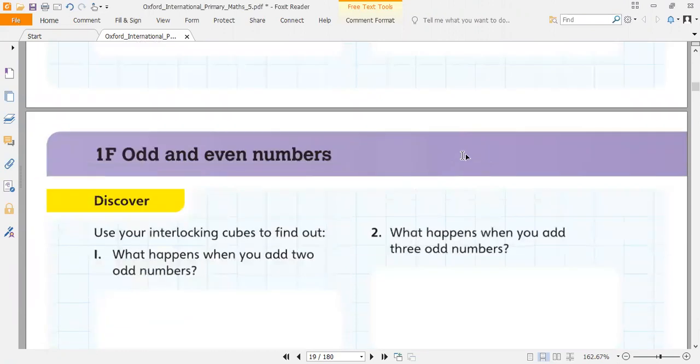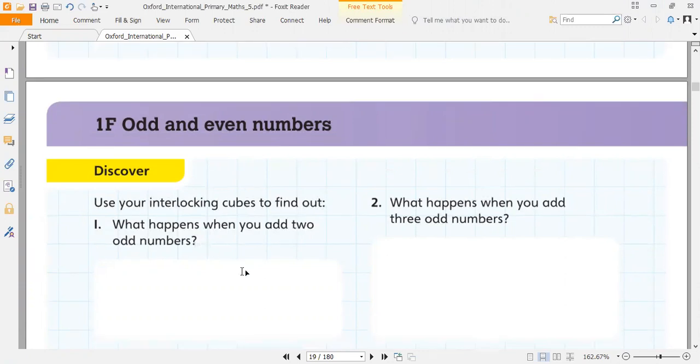Next exercise is odd and even numbers. Use your interlocking cubes to find out what happens when you add two odd numbers. What are odd numbers? The odd numbers are the numbers whose last digit is 1, 3, 5, 7, or 9.